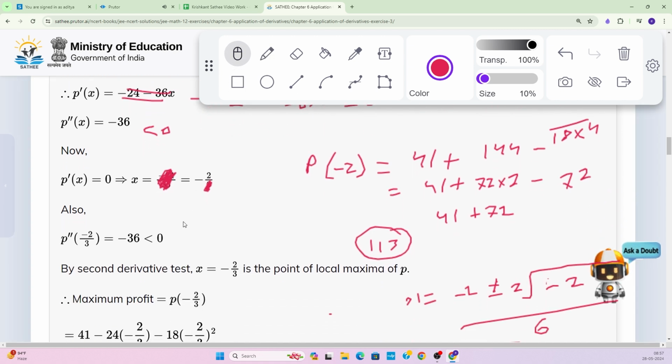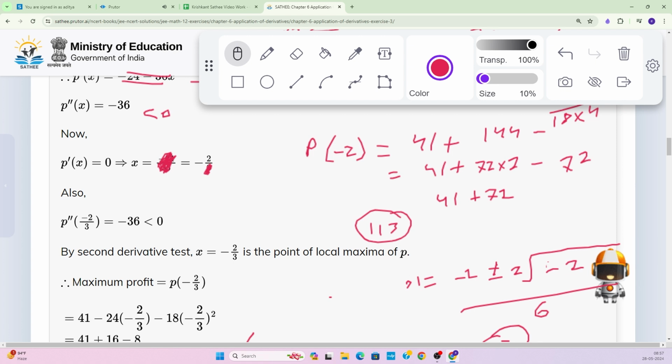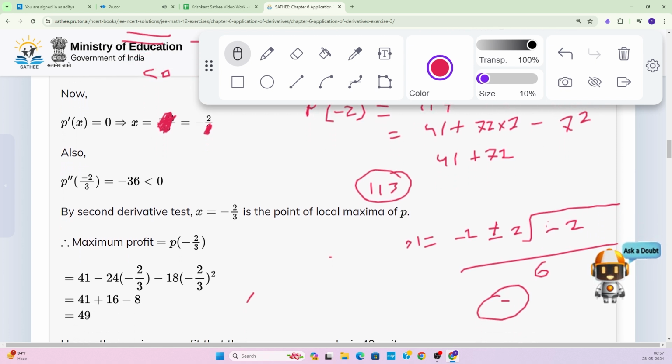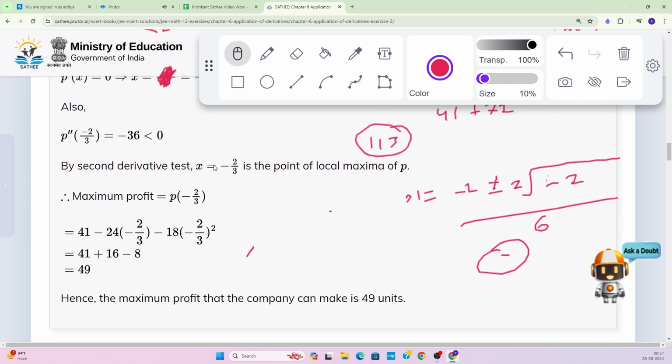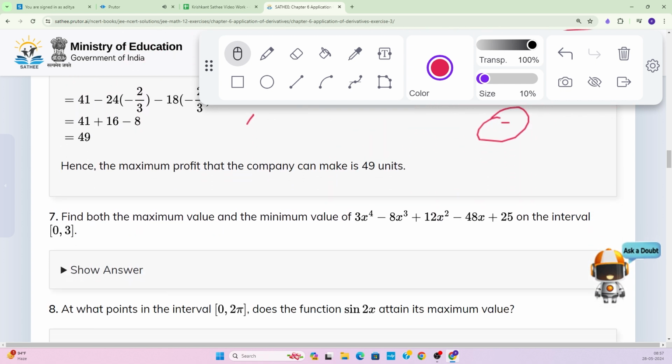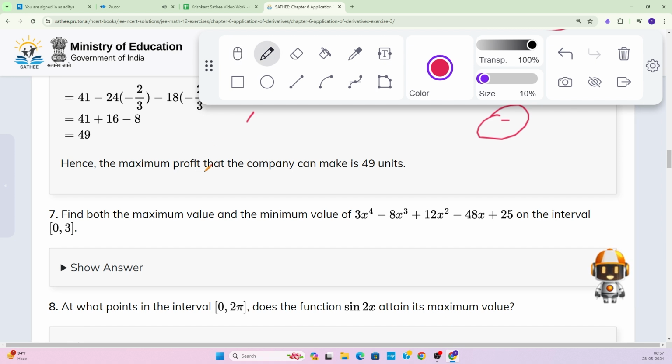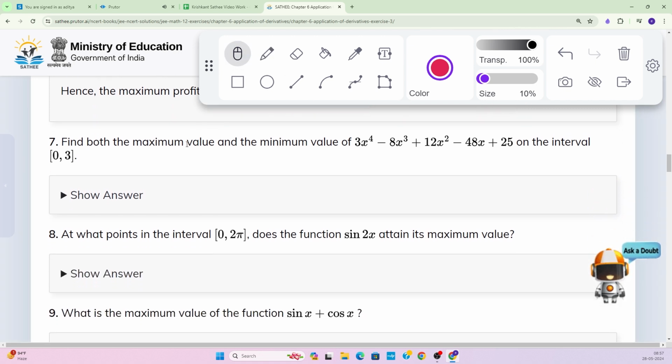Otherwise the steps are the same, and you will get your answer as 113. Clear? I hope that it is clear to you. So the maximum profit that the company can make is 113 units. Let us move to the next problem.